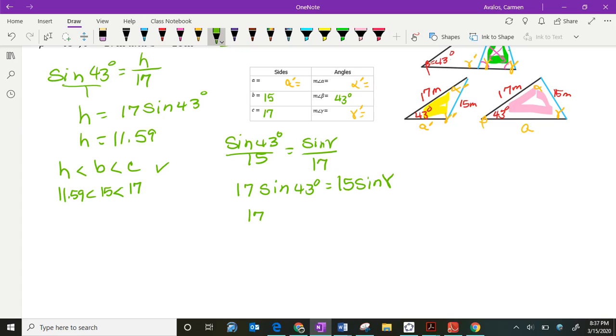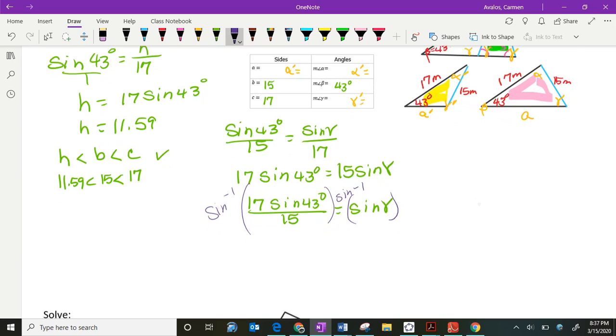So this is going to be 17 sine of 43 over 15 equals sine of gamma. In order to get the angle by itself, if you remember, we have to do the inverse. So what we do is we multiply this by the sine inverse, it's not really multiplication, it's just the format on there.